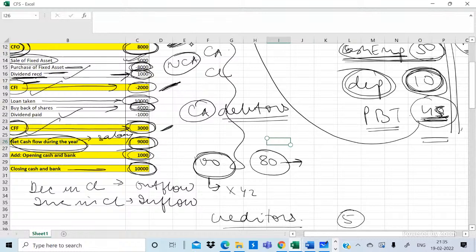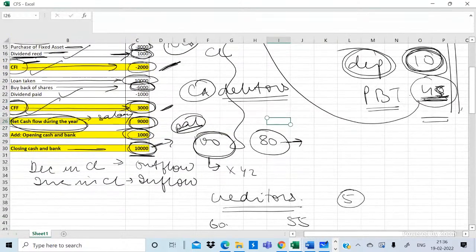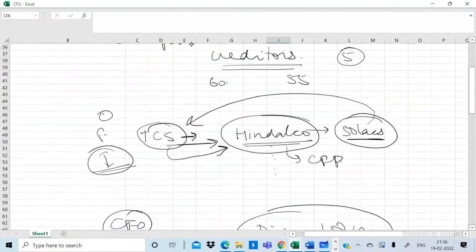So I'm looking at what's the cash generated during the year. To this, I will add my opening cash balance and I'll get the closing cash balance. And this closing cash balance will be the one that will be appearing in my balance sheet. So in my balance sheet, if I've done the calculation correctly, this figure and the cash balance appearing in my balance sheet should tally. Okay, so that's your opening and closing adjustment that you do.